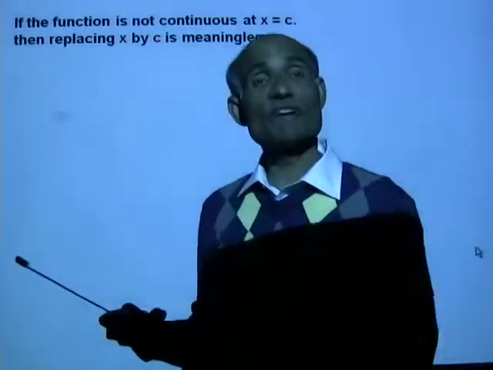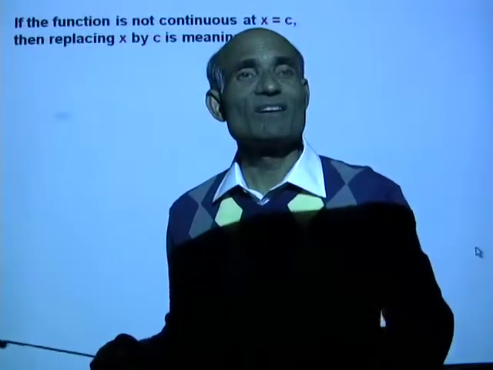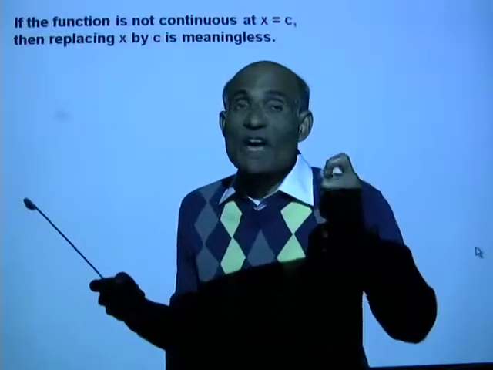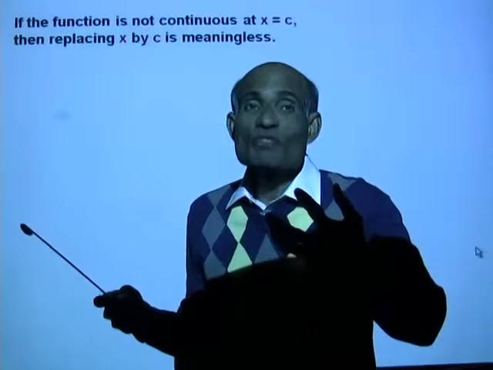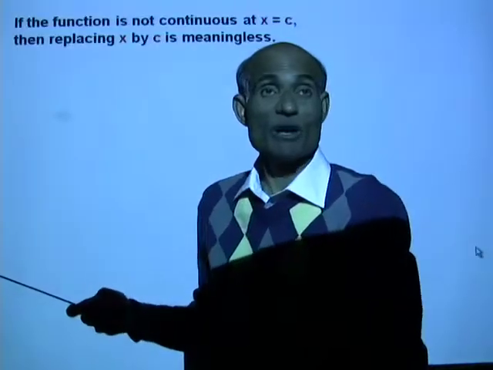What happens if the function is not continuous at x equal to c? If the function is not continuous at x equal to c, replacing x by c will not give you any meaningful output, will it? No, it will not.